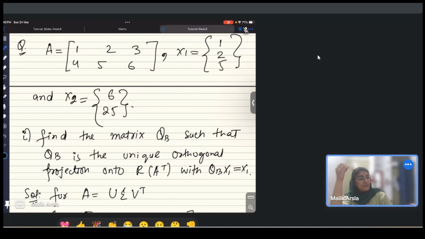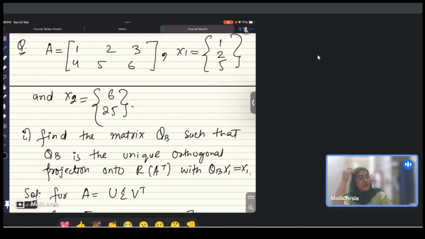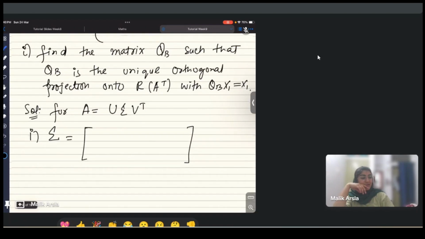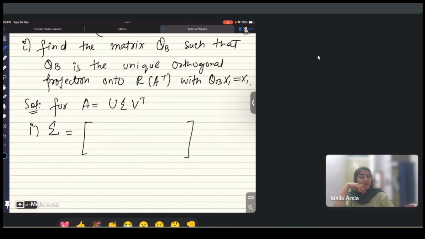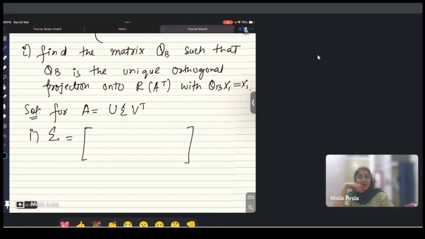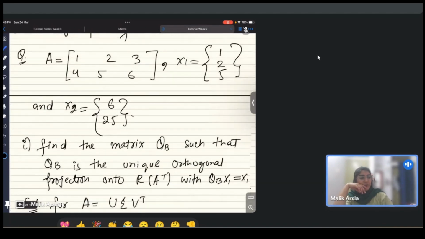Sorry, the eigenvalues of A transpose A we have to find out, and those we have to put in the diagonal entries. Calculate A transpose A. It is coming out to be a big matrix.